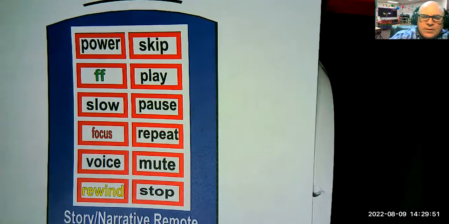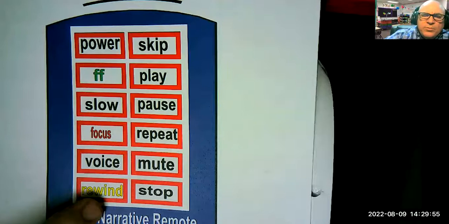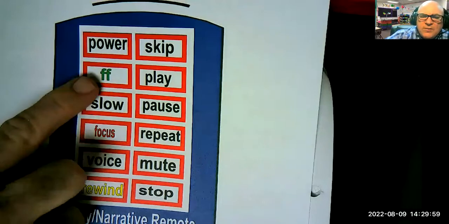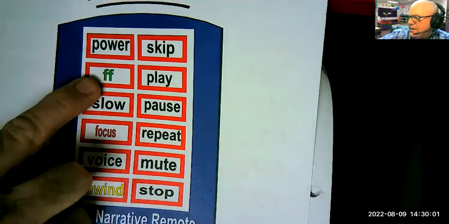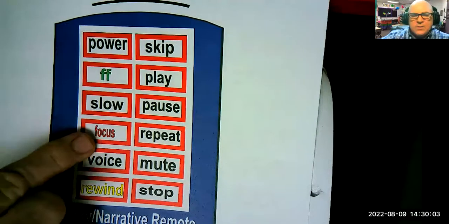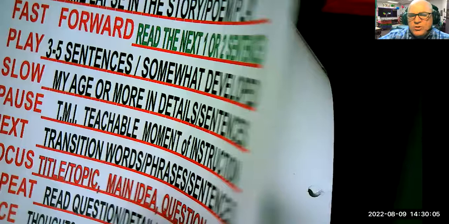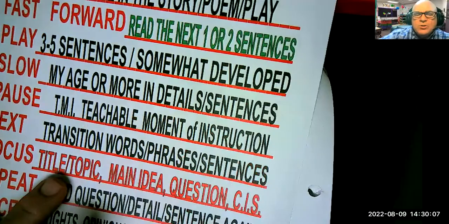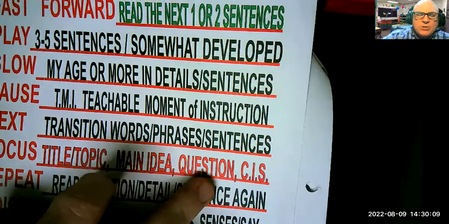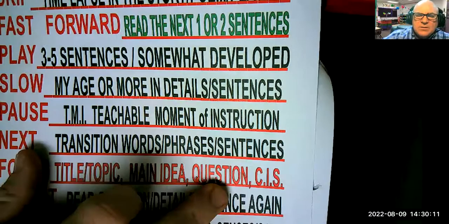So your students would need to have pushed fast forward, since the question, the focus, read the title, the topic, the main idea of the question. There we go. The question was about the figurative language on lines 6 and 7.